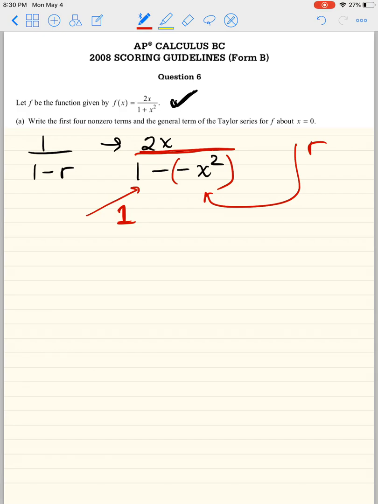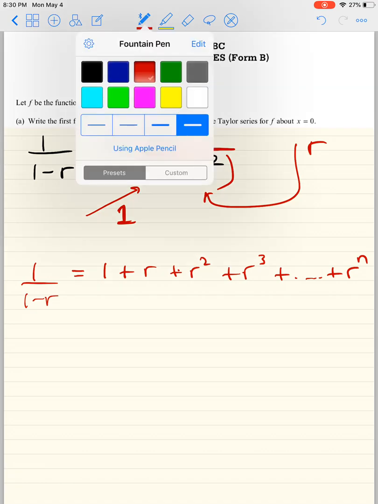So here's what we're going to do, guys. We're going to remind ourselves that 1 over 1 minus r is equal to 1 plus r plus r squared plus r to the third. And I'm going to stop there because it says write the first 4 non-zero terms and the general term. So this is what we do for the general term. Now, all I'm going to do is substitute every place I see an r with a negative x squared.